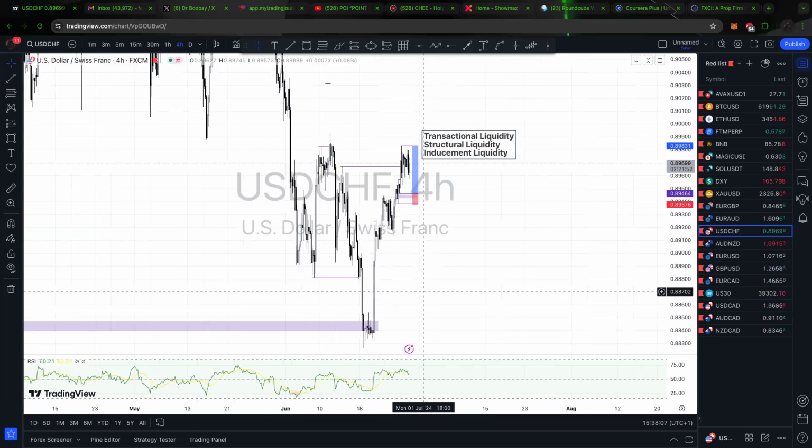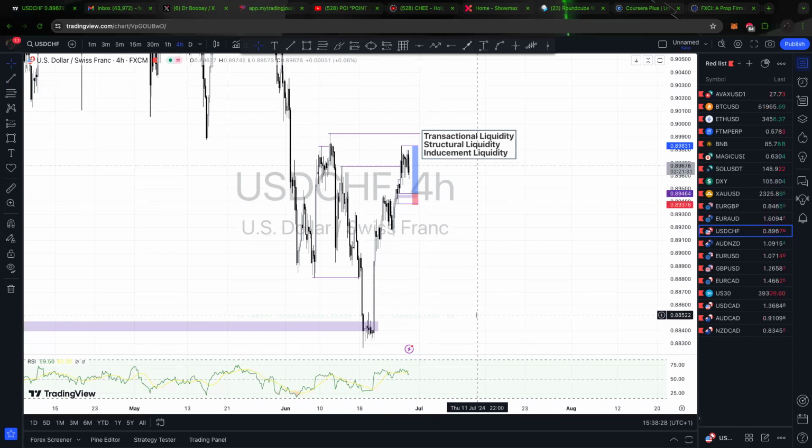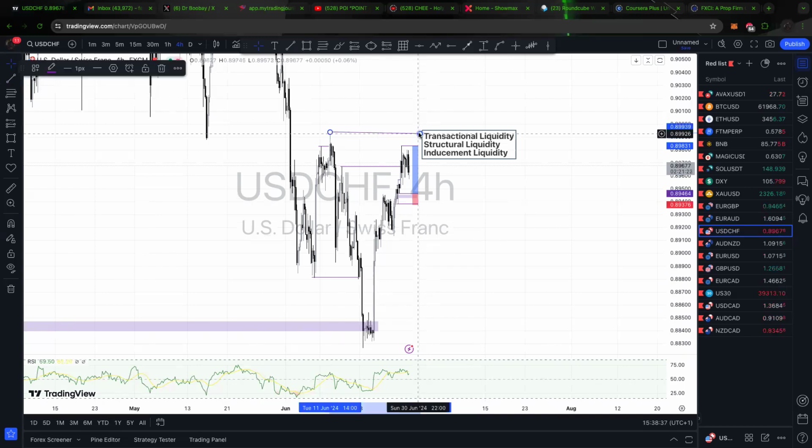And then price has come here. But then, if you look at my trade, you see that I am not targeting to buy up to that top because somehow that top is still protected to me. So I want price to just come, give me what I want here. I'm probably just going to sell off, guys. All right. So that is inducement liquidity. Where there is no structural liquidity, price will use the protected highs or protected lows as inducement liquidity.